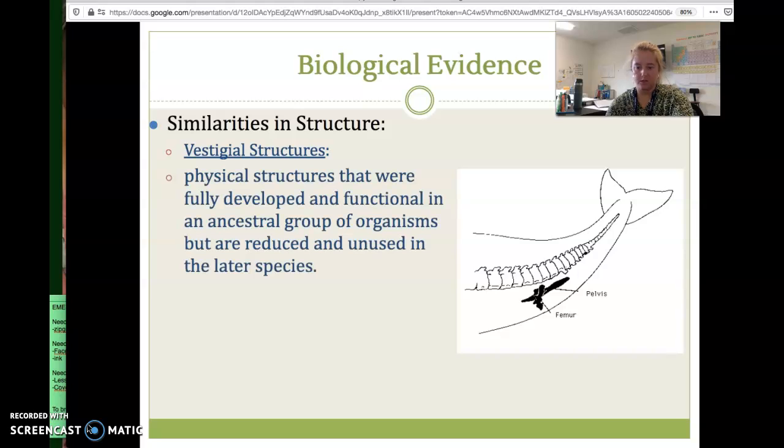So here are structural similarities. We call these vestigial structures. They're found in organisms.